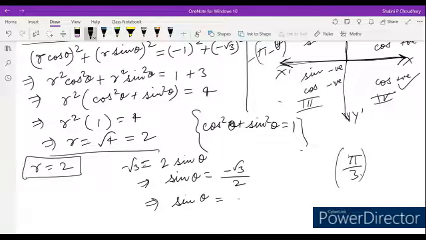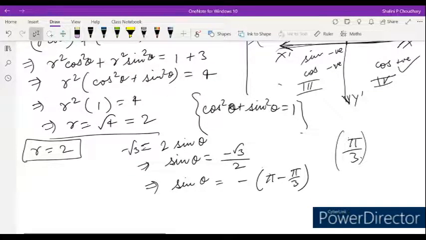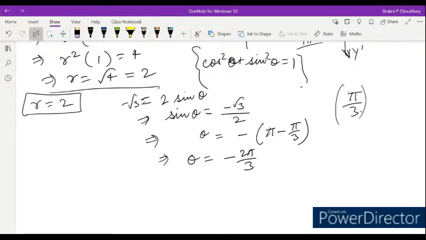So theta will be equal to minus pi plus pi upon 3, that is equal to 2 pi upon 3. So theta का value will be minus 2 pi upon 3.